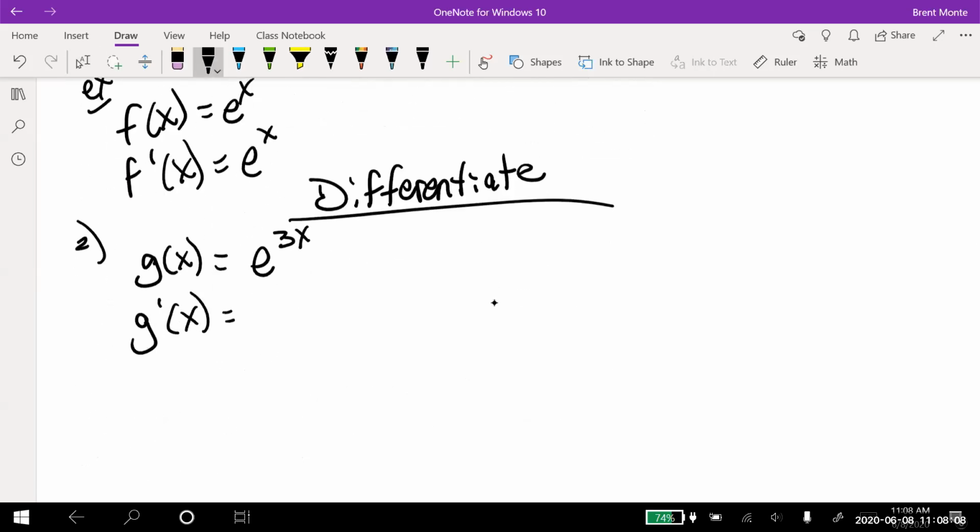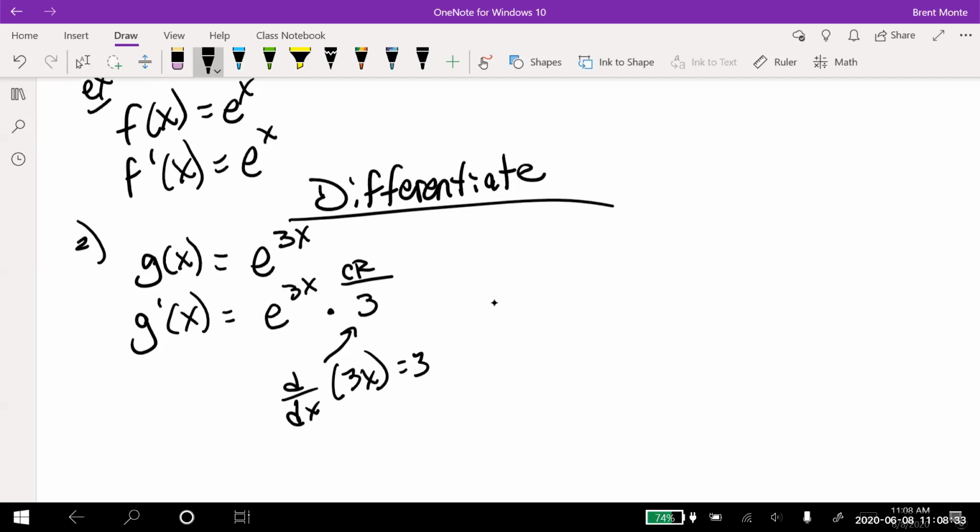So when we take the derivative, I get back e to the 3x, exactly what I started with. But it's not just e to the x, it's a 3x. That's a composed function. That 3x is the function inside the e to the x function. So then I have to say times 3 from the chain rule. That piece right there was my derivative of the 3x.